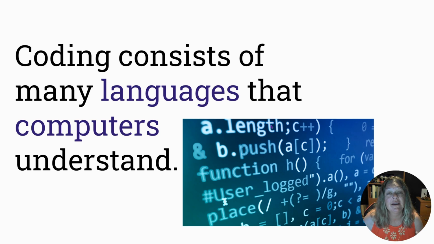We start by having students understand that coding consists of many languages, so many languages that computers understand, and that humans write those languages, and by putting those languages into computers, we are able to make them do what we want them to do.